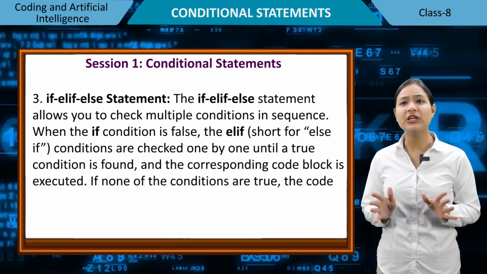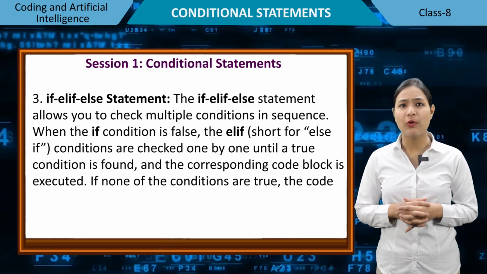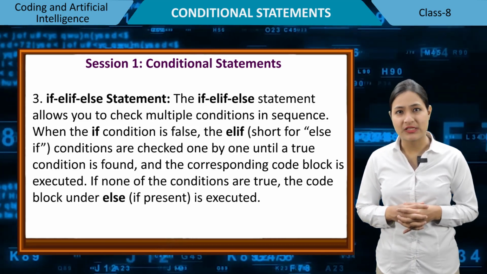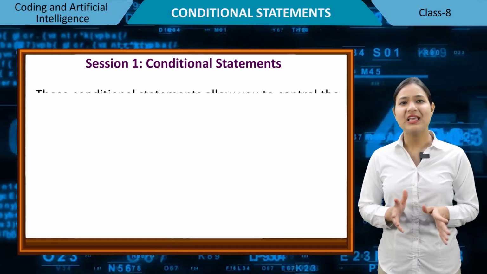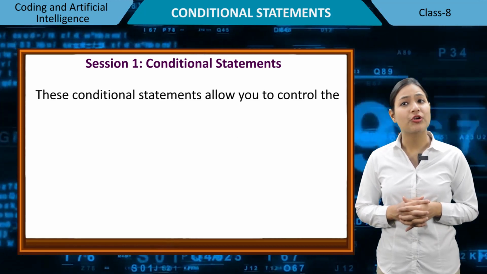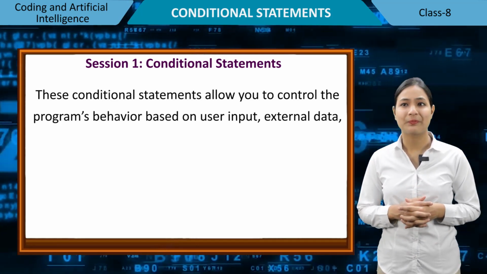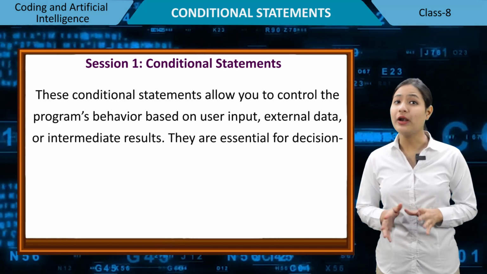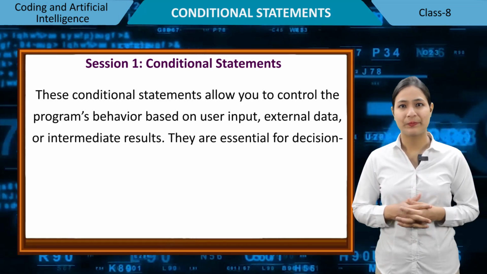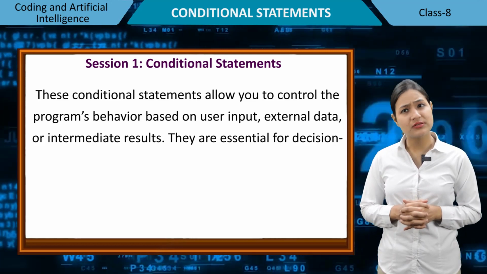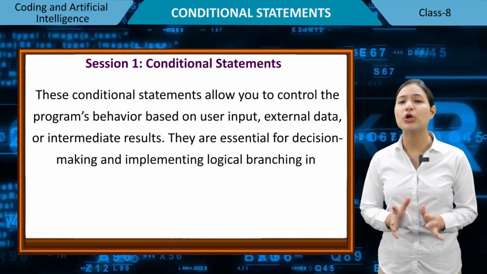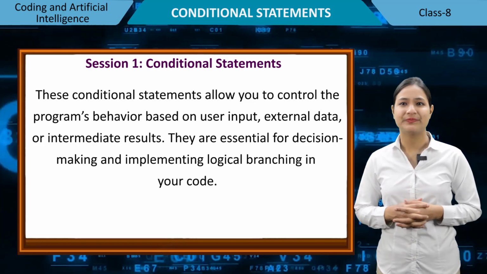If none of the conditions are true, the code block under else, if present, is executed. These conditional statements allow you to control the program's behavior based on user input, external data, or intermediate results. They are essential for decision making and implementing logical branching in your code.